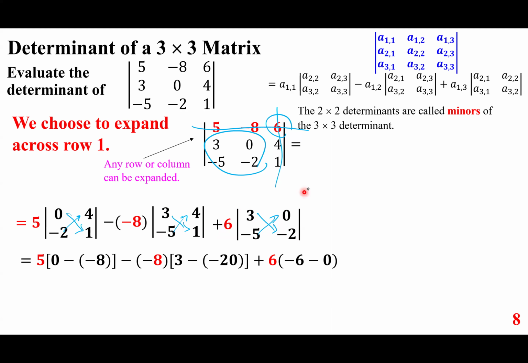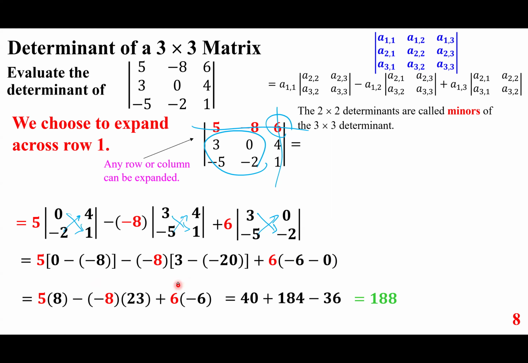So this is positive 8, this is minus 1, the positive 8 times, this is positive 23, plus 6 times negative 6, and becomes 40 plus 184 minus 36, and you get 188. So it's pretty straightforward, everybody, okay?